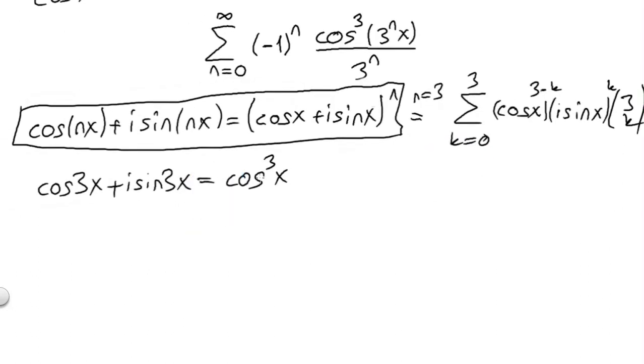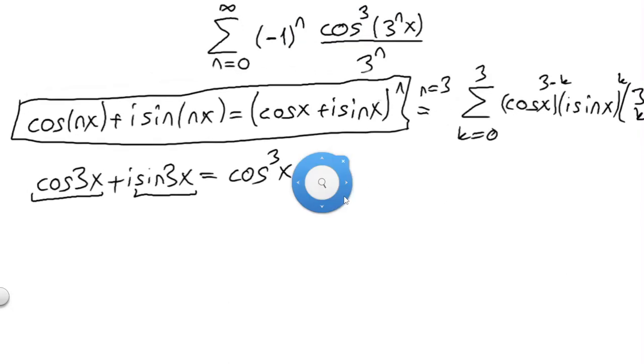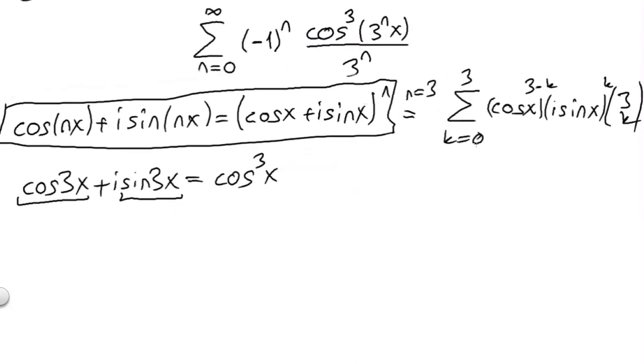So basically I only want to keep cosine cube x, and this is real. So I can only check the real parts, because adding up all of the real parts here is going to be equal to cosine 3x, and all of the imaginary parts are going to be equal to sine 3x. So I can only check the imaginary one, or only the real ones, and it will be enough for me.